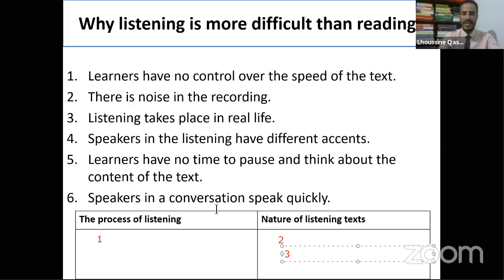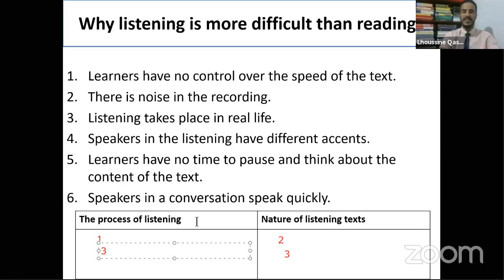Listening takes place in real life. So Siham said number 2. It's nature or the process. Muhammad, Nasira 2. Okay. What do you think? Wahida number 1. Ikram number 1. Yes, it's here. It's the process of listening. Number 3, yeah. Listening takes place in real life, the process of listening.